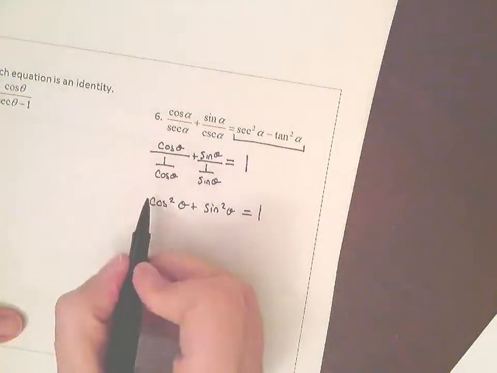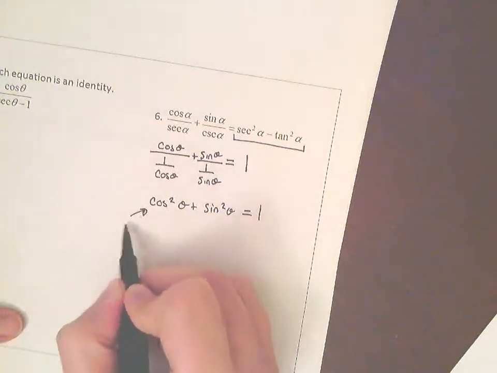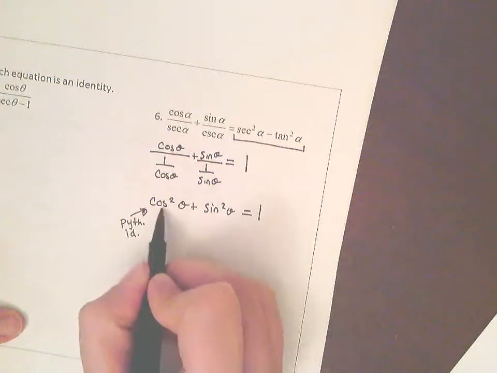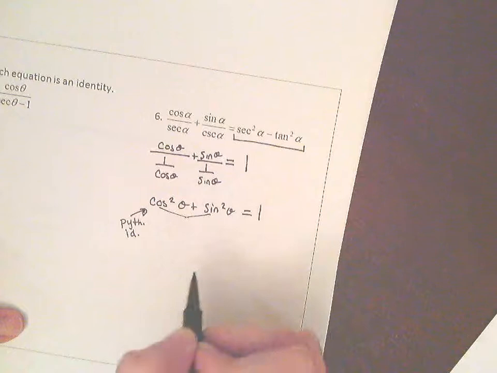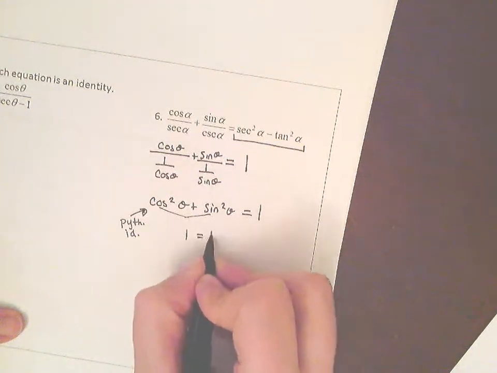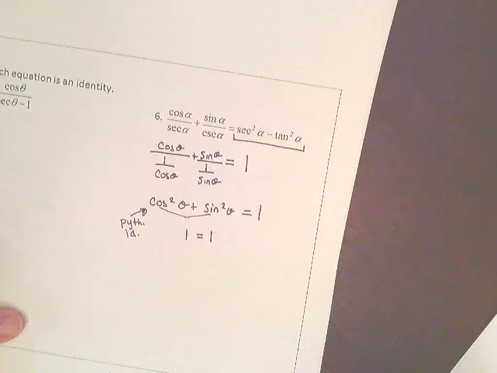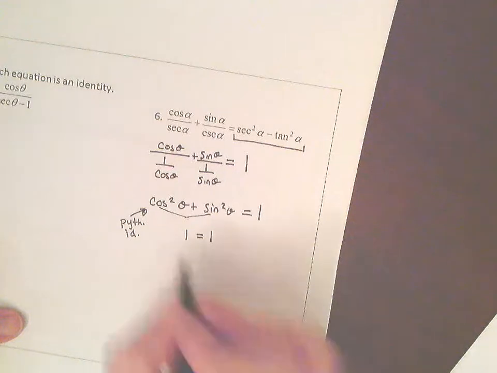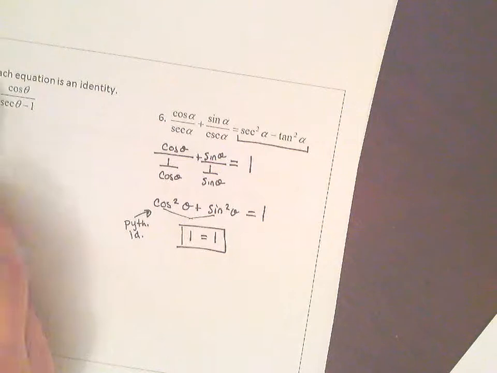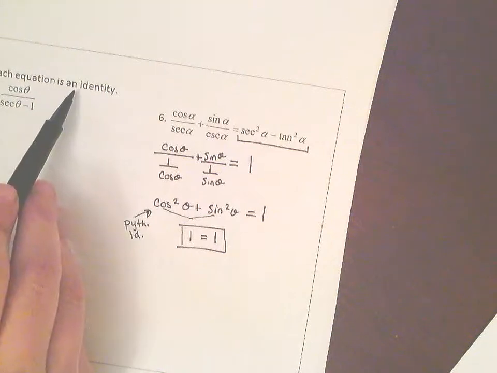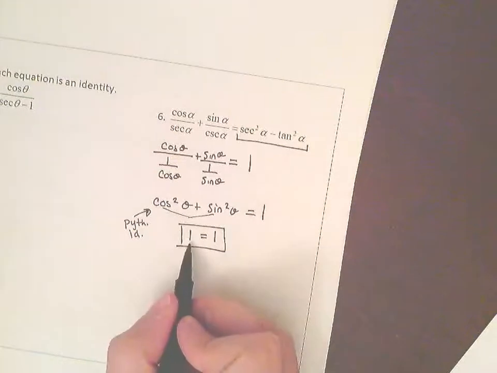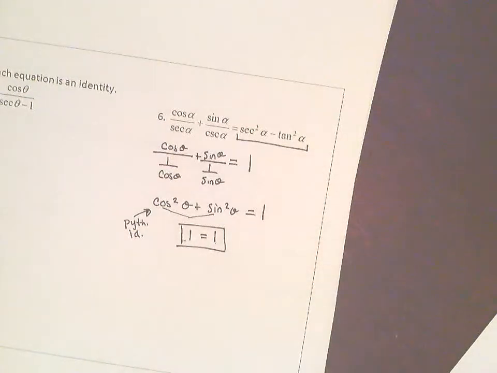And then this is actually your Pythagorean identity. And we know that this, based on the Pythagorean identity, does equal 1. So 1 equals 1. And that's how we verify, because these problems are actually asking you to verify that each equation is an actual identity. And that's what I did. I verified that these two sides equal each other.